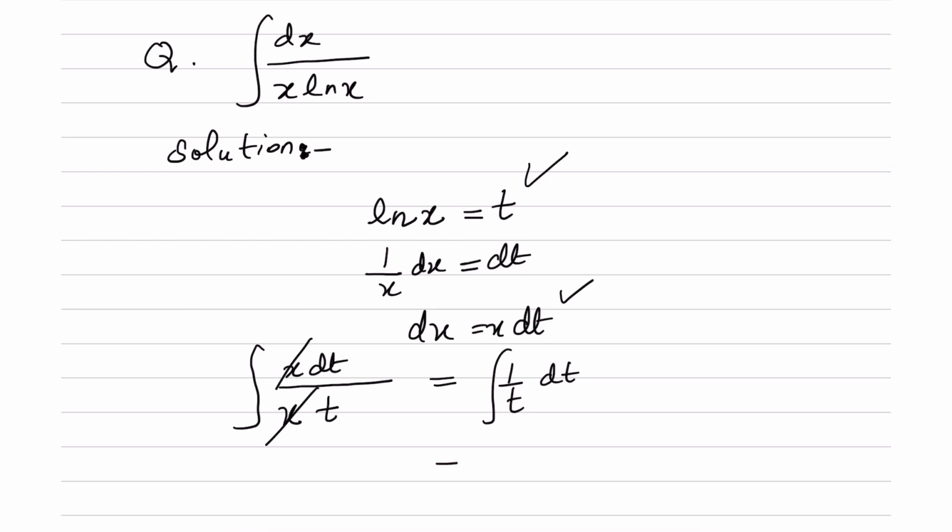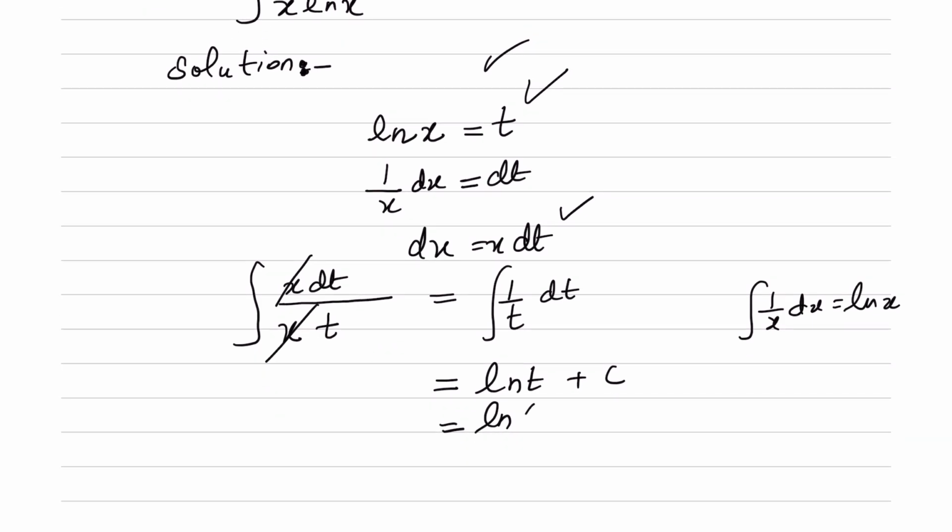By the formula of integration, integral of 1 over x dx is equal to ln x, we can write this integral as ln t plus some constant, but t was taken here as ln x, so we will put ln x in place of t, ln of ln x plus some constant. So we have solved this problem.